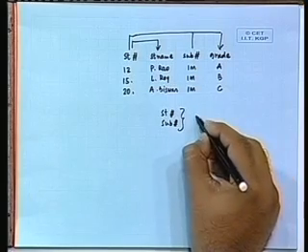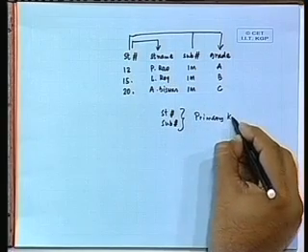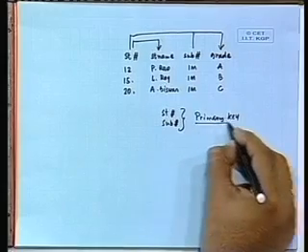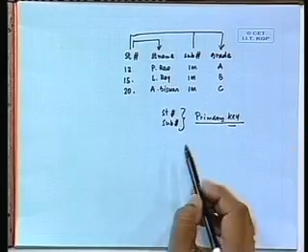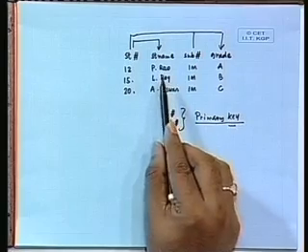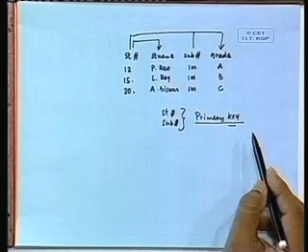Student number and subject number together will be a primary key. Okay. So, this is the primary key, but unfortunately the student name is dependent on one part of the primary key only. So, this is known as non-full dependency.